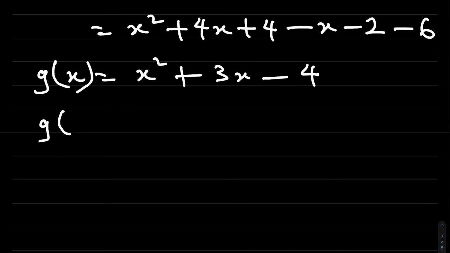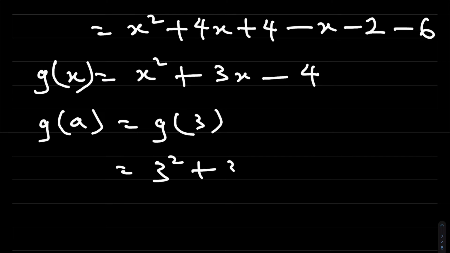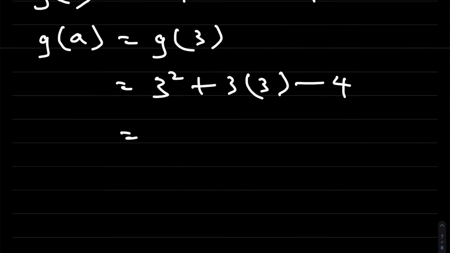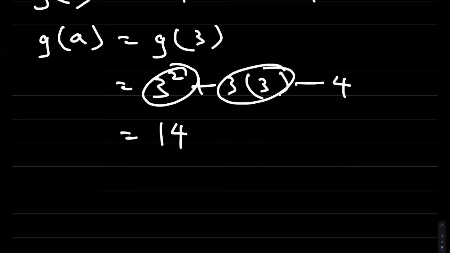That simply means g of a, which is g of 3, is equal to 3 squared plus 3 times 3 minus 4, which is 9 plus 9 minus 4. It's 18 minus 4, that's 14.